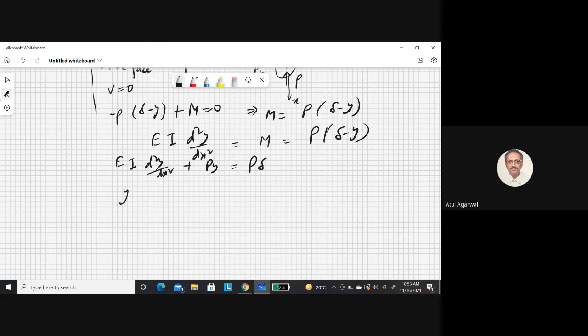So we say y is equal to e to the power lambda x. So lambda square EI plus P is equal to 0.